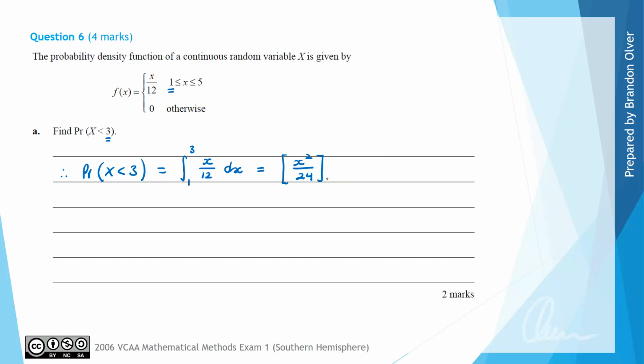I'm going to evaluate that between 1 and 3, which is the same as the antiderivative evaluated at 3, subtract away the antiderivative evaluated at 1. So the probability that x is less than 3 is equal to x squared on 24 evaluated at 3, which is 3 squared on 24, subtract 1 squared over 24, which equals 9 over 24, subtract 1 over 24.